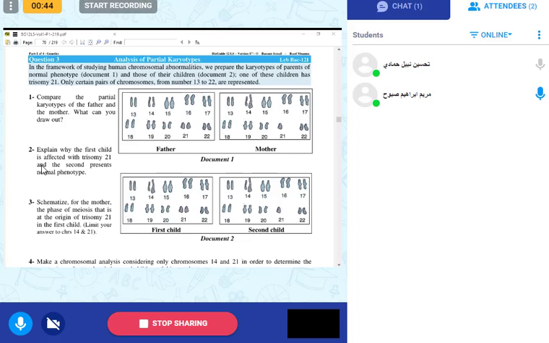Now, let's compare the partial karyotype of the father and the mother, and what can we draw out? It means what can we conclude? First, when we have 46 chromosomes in the human cell, in the karyotype we will get the 23 pairs, because every 2 chromosomes form a pair. Just to remind you, the first 22 pairs are called autosomes, which are common between male and female.